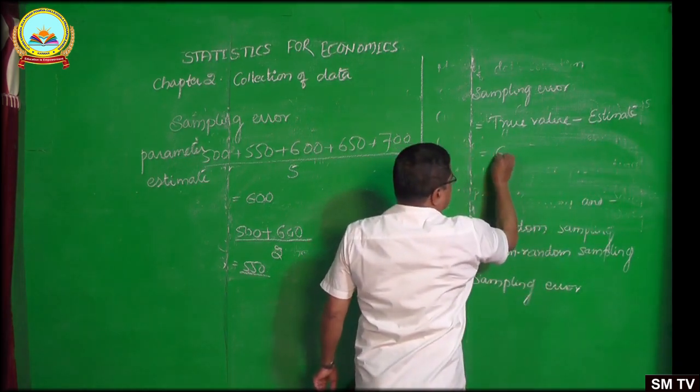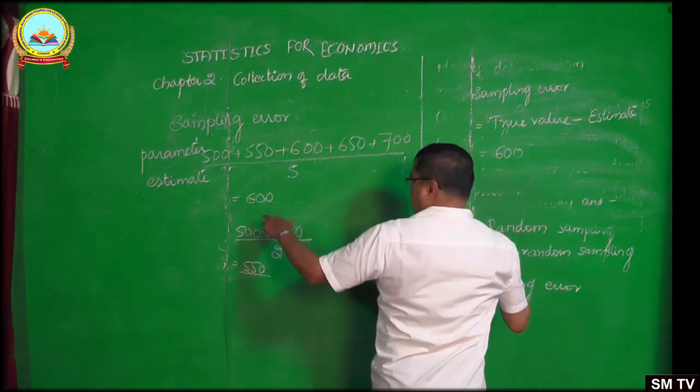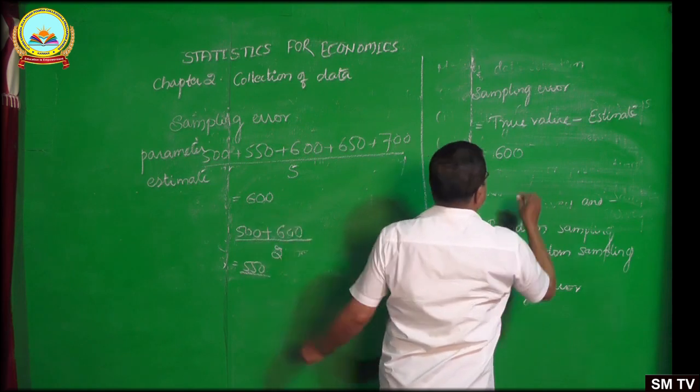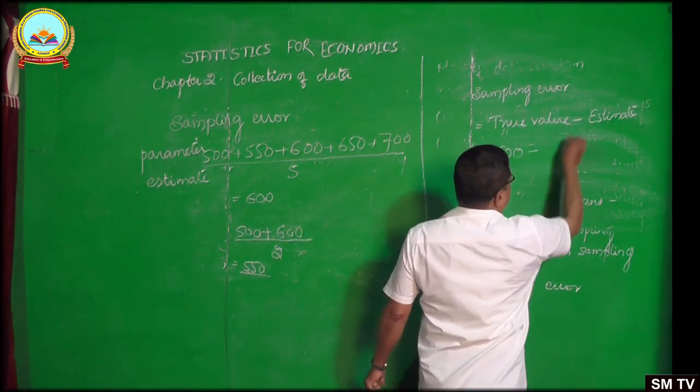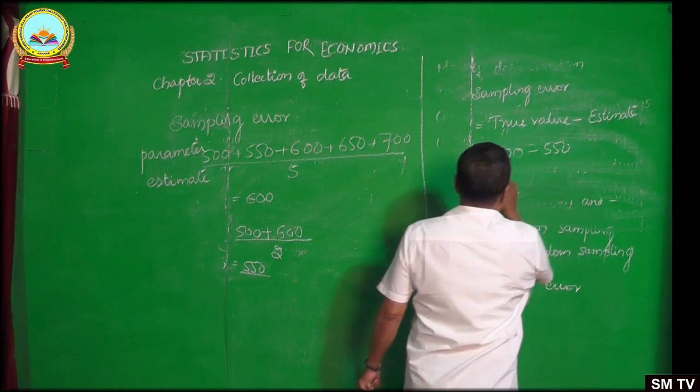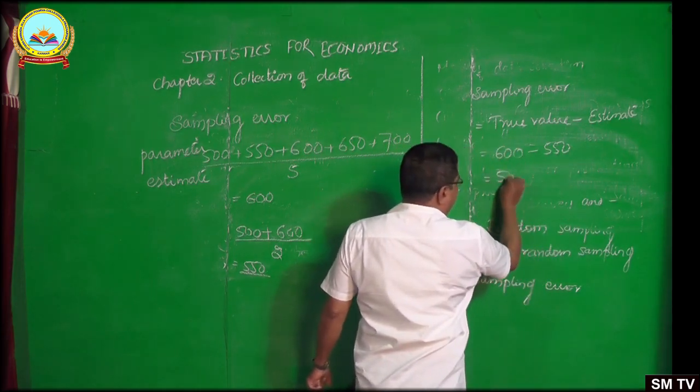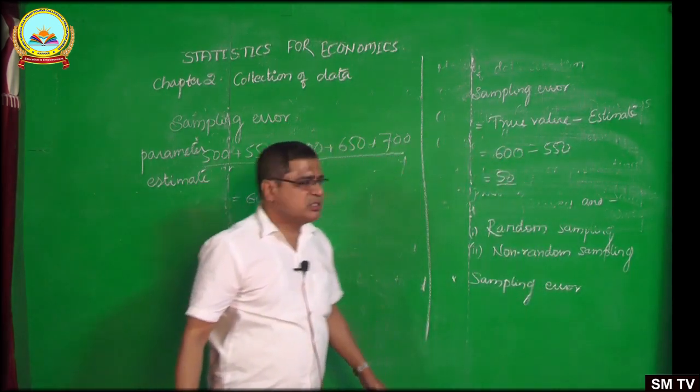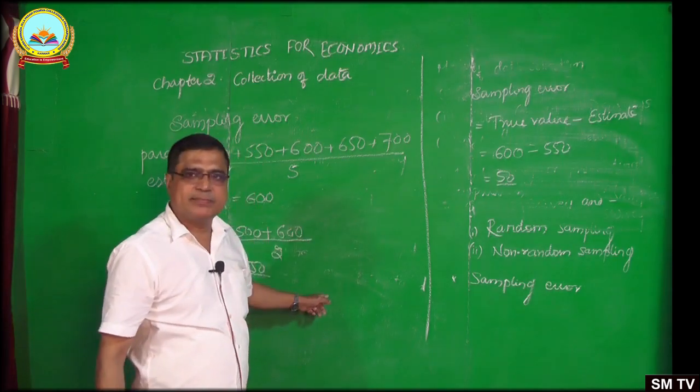So the true value is 600, that is the value of the parameter, and the estimate is 550, so that is 50. So sampling error is 50 in this case.